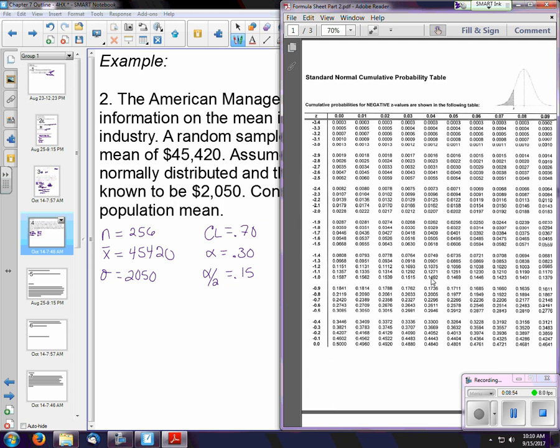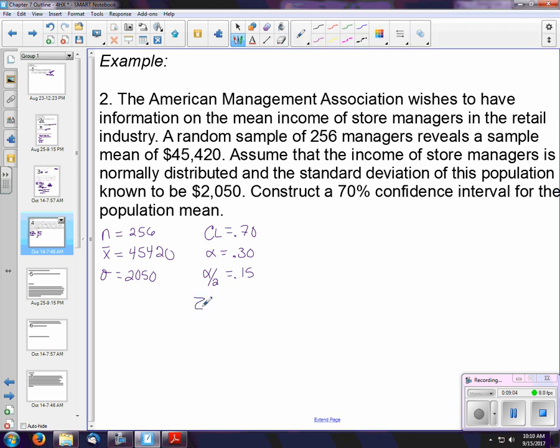So it's looking like 1.04 is the closest, because this is 15 over and this is 8 under. So we're going to use a z-score of 1.04. Again, positive or negative, it's up to you how you choose to write that.